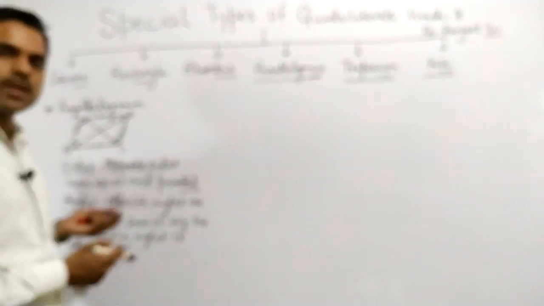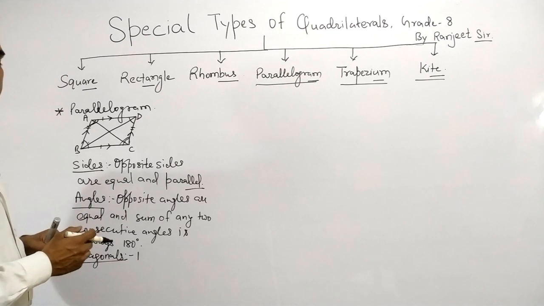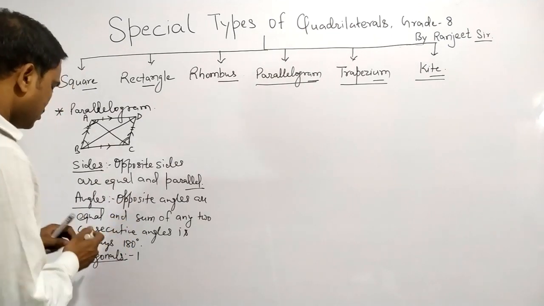Now we will write for diagonals. For the diagonals you will write diagonals bisect each other. Only this much, not at 90 degrees. It is not written here, meaning it is not fixed. It can be 90, but it is not fixed that it surely will be 90 degrees.